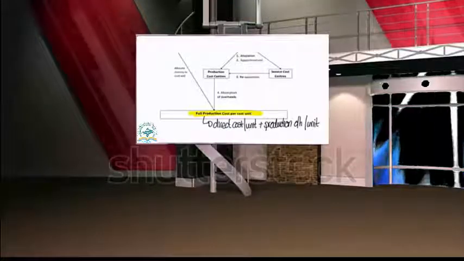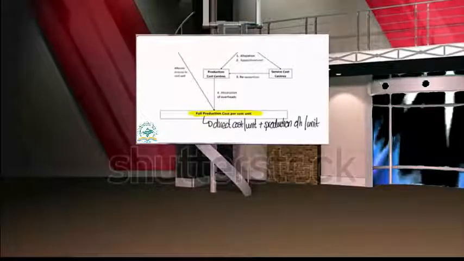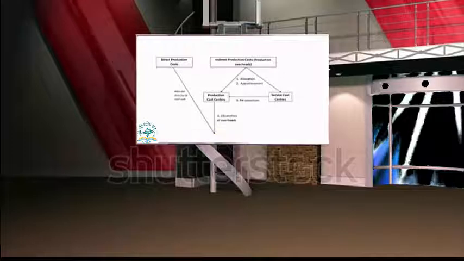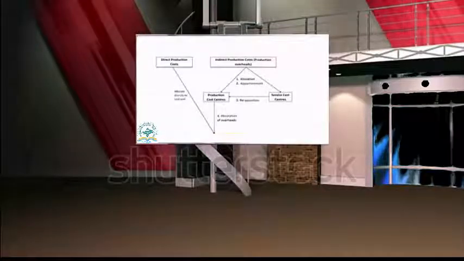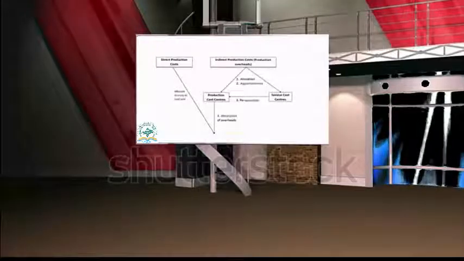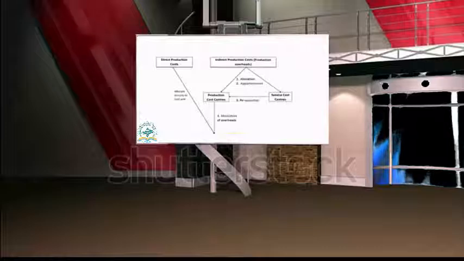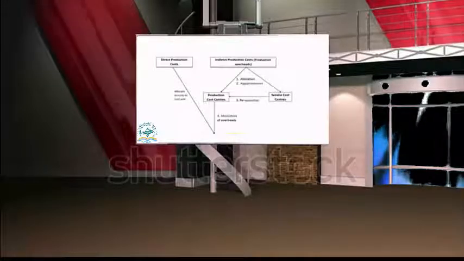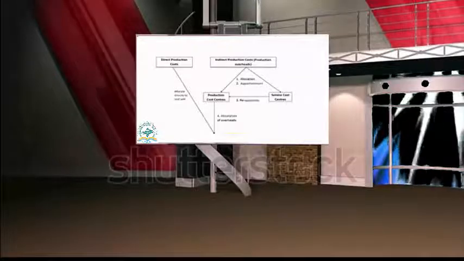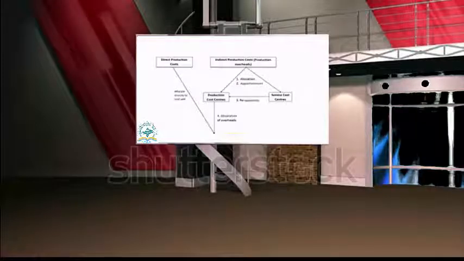Well, our direct costs are the costs we can trace directly to each unit of our output. So for example, if we are a company that produces and sells tables, then our direct costs for each table would be our direct materials, so perhaps the wood used to make the tables, and it will also include our direct labour, so our production line workers' salaries, the people who actually assemble the tables.